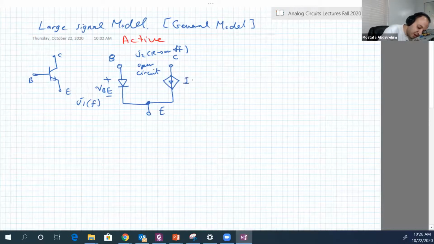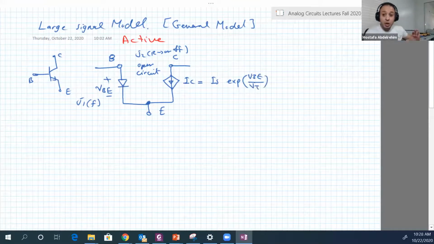IC equals IS exponential VBE over VT. And from now on, we will neglect the one. The exact expression is exponential VBE over VT minus 1. We will neglect this one from now on and I will not write it again, just to make our equations easier to write.